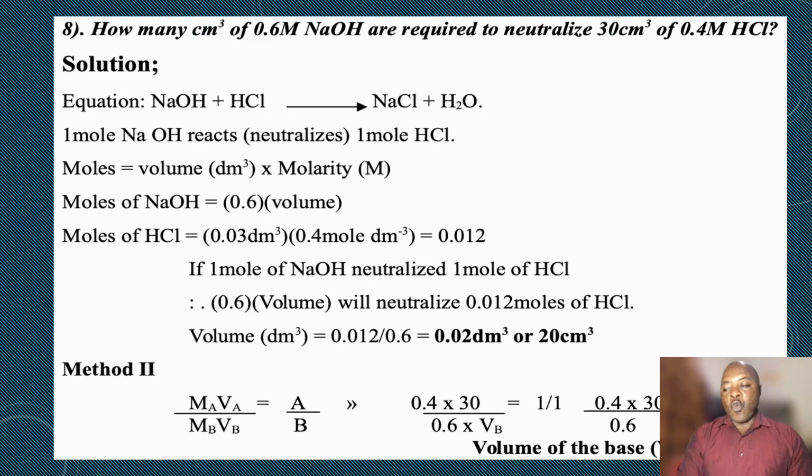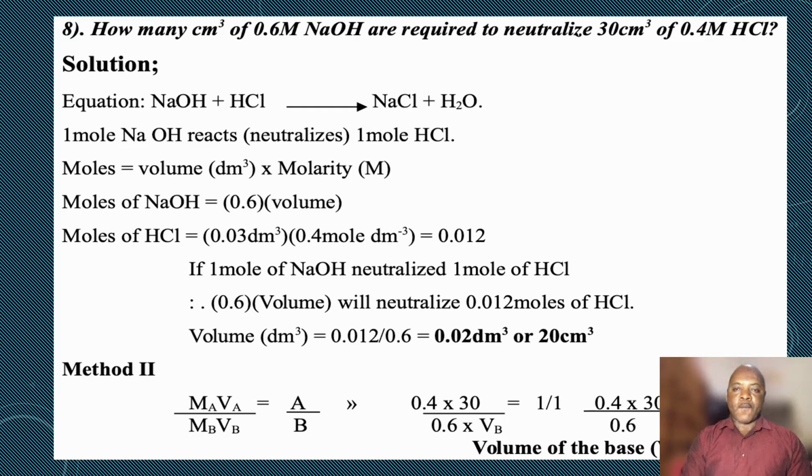Now that we are looking for the volume in dm cube for sodium hydroxide, we make volume in dm cube the subject. So we divide both sides by 0.6. It will be 0.012 divided by 0.6, and it will give us 0.2 dm cube. Either we call it 0.2 dm cube or 20 cm cube of the sodium hydroxide is required.